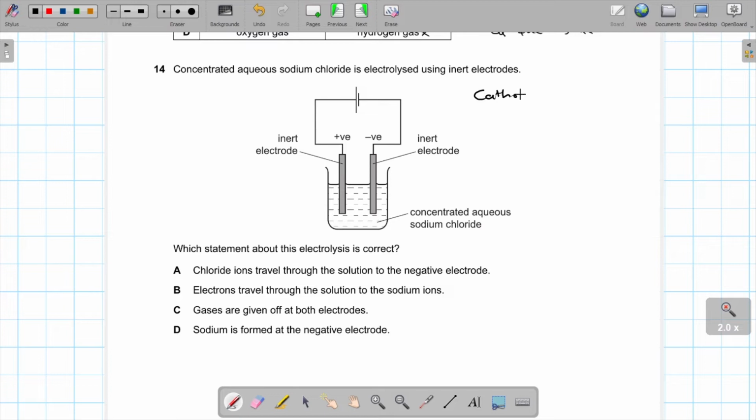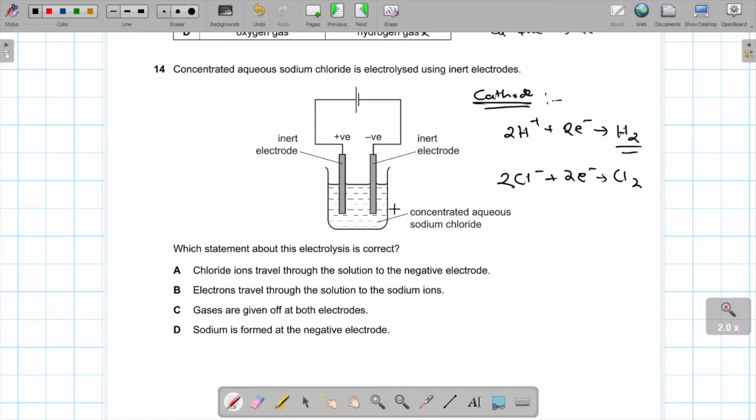For the cathode, since it's aqueous, we're going to have H plus, and 2H+ plus 2e minus is going to give me H2, hydrogen gas. And at the anode, the chloride ions are going to lose electrons to form chlorine gas.